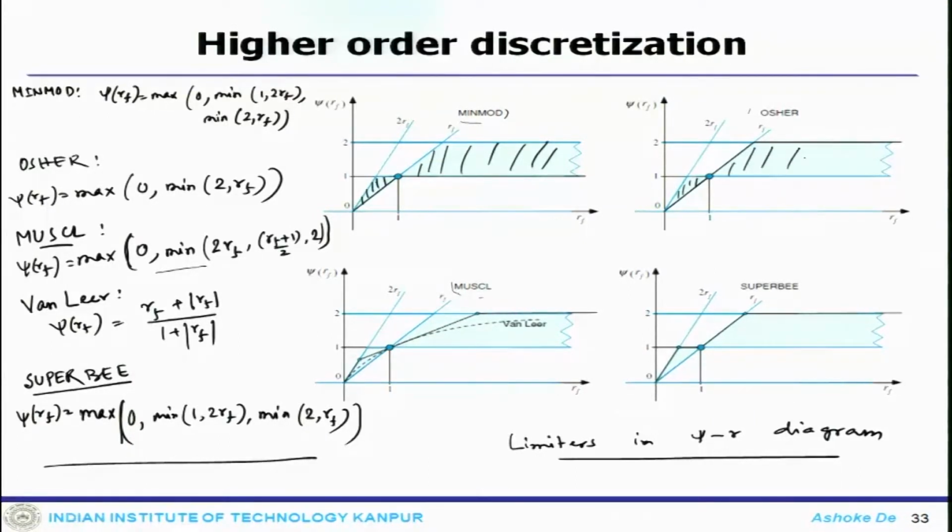Now, once you find out this psi r relationship, one can actually form this higher order TVD based scheme which is going to be monotonicity preserving, and we have seen what the limiters are for that.